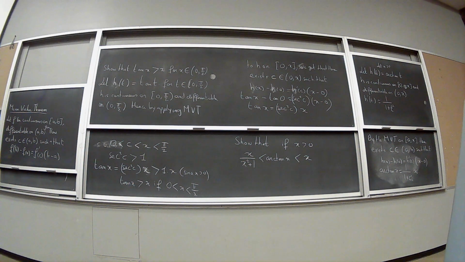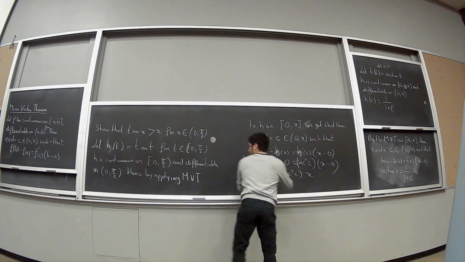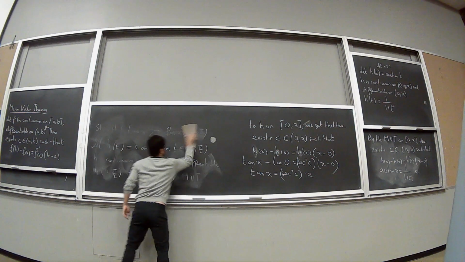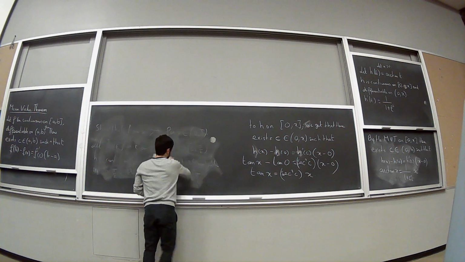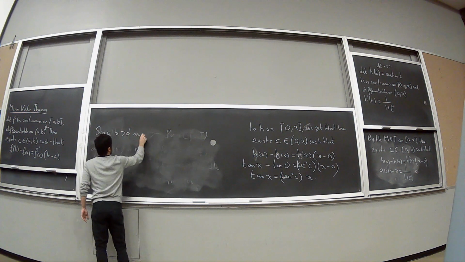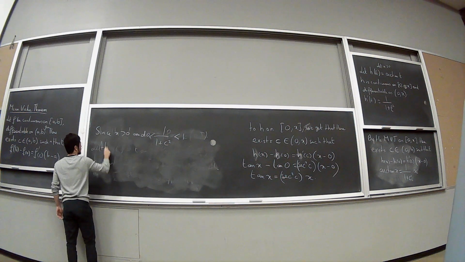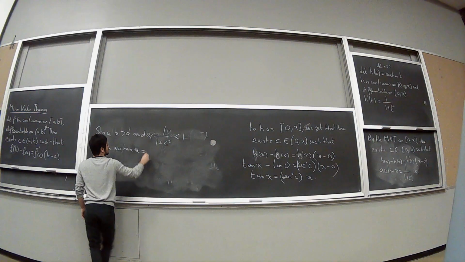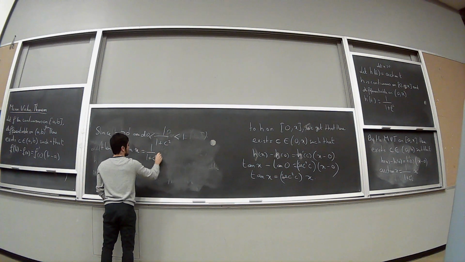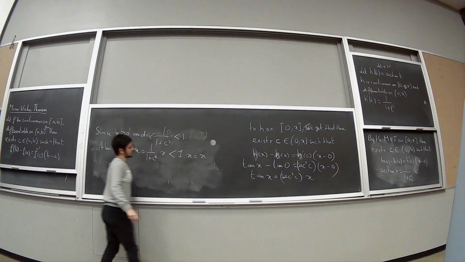You agree with this? That's clear. So, since x is positive, and 1 over 1 plus c squared is a positive quantity and strictly less than 1, then arctan x, which is equal to 1 over 1 plus c squared times x, is strictly less than 1 times x, which is x.